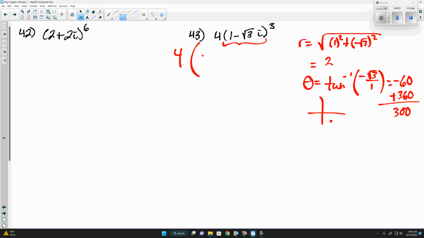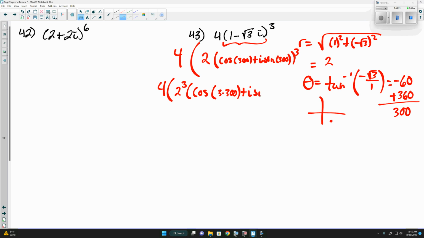So what we have is 2 cosine of 300 plus I sine of 300, to the third. So we have 2 to the third times cosine of 3 times 300 plus I sine of 3 times 300. Well, 2 to the third is nice. That's just 8.